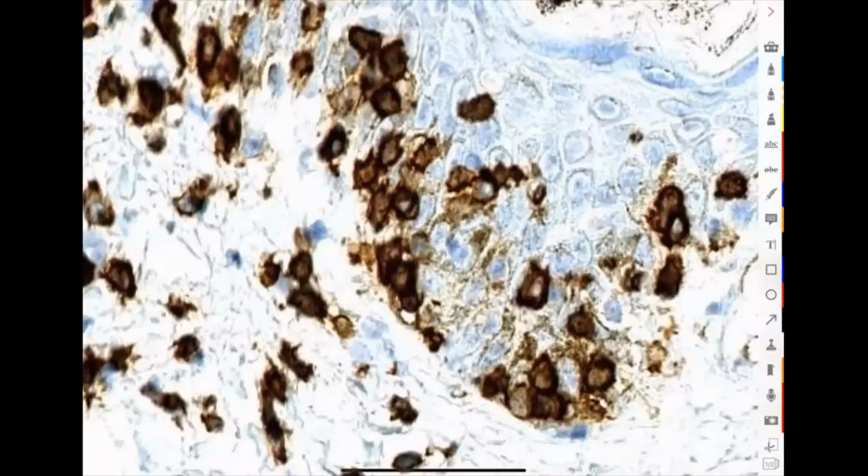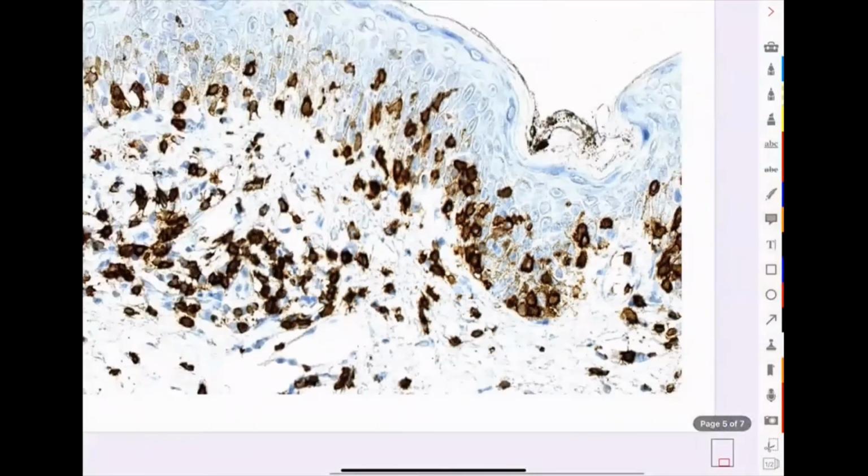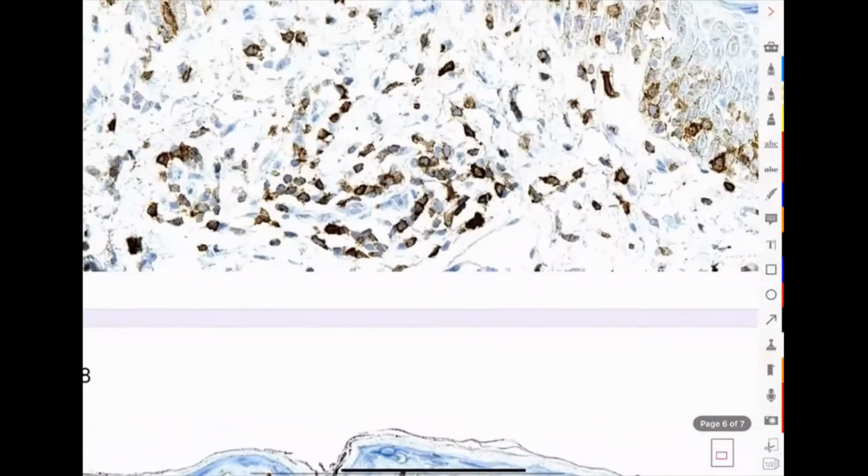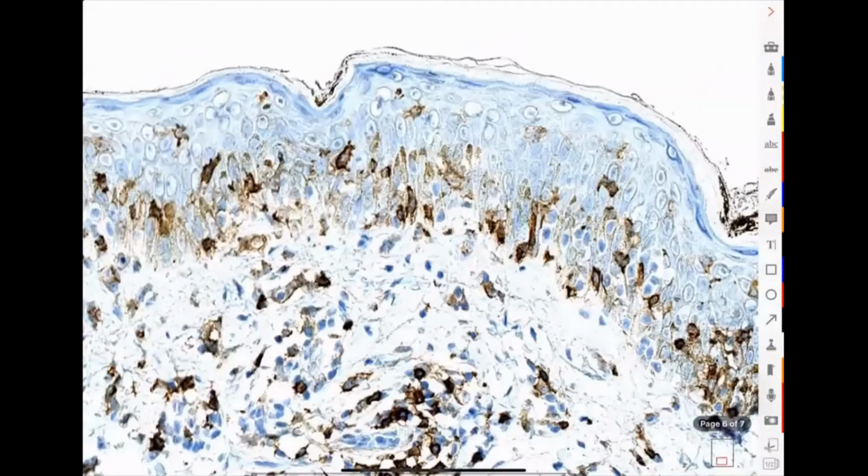But of course, the diagnosis of the CD30 will rely on the fact that you see anaplastic-like cells in the superficial perivascular infiltrate. And this is where, for those who are not very experienced with lymphoma, you will be looking for the CD30.